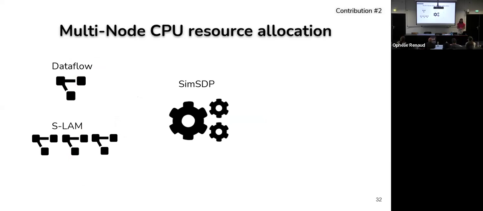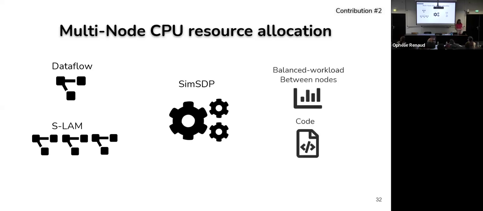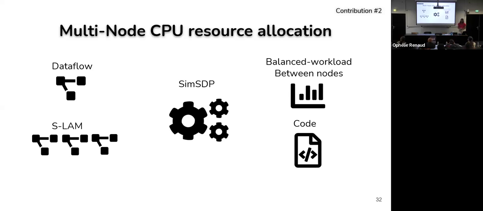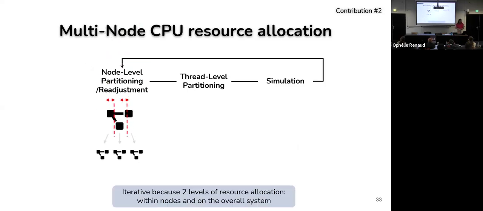So the proposed method takes as input the data flow model and the multi-node SLAM model, targets balanced workload partitioning between nodes, and provides HPC code. The method is iterative since we have 2 levels of resource allocation: within a single node and on the overall system.